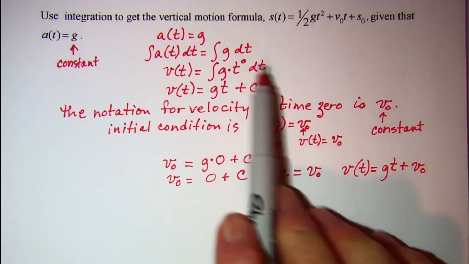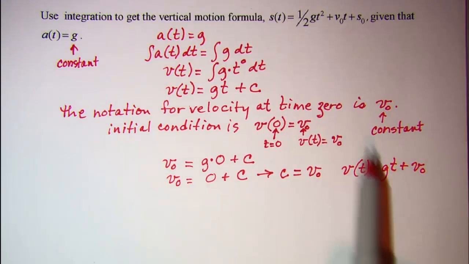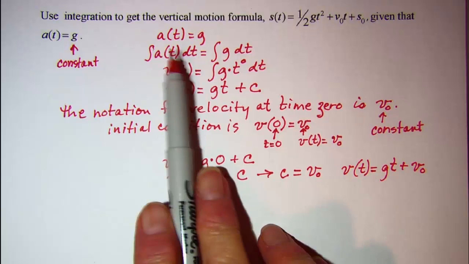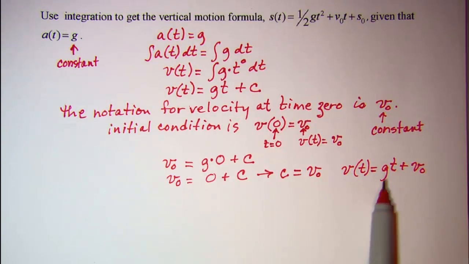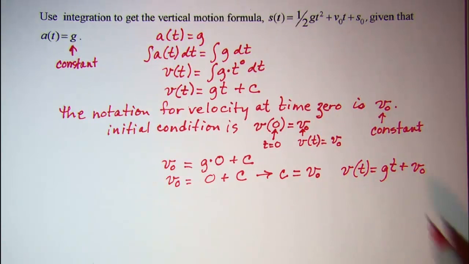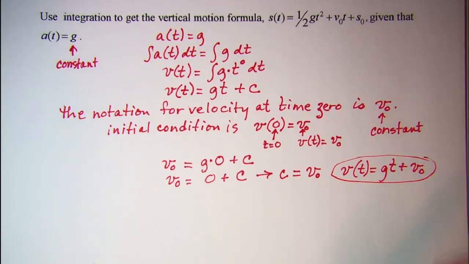Now our problem asked us to get the formula for position. What we have now is our velocity. We started with acceleration. We now have velocity. We have to integrate one more time. So we're going to do that process again on this equation.